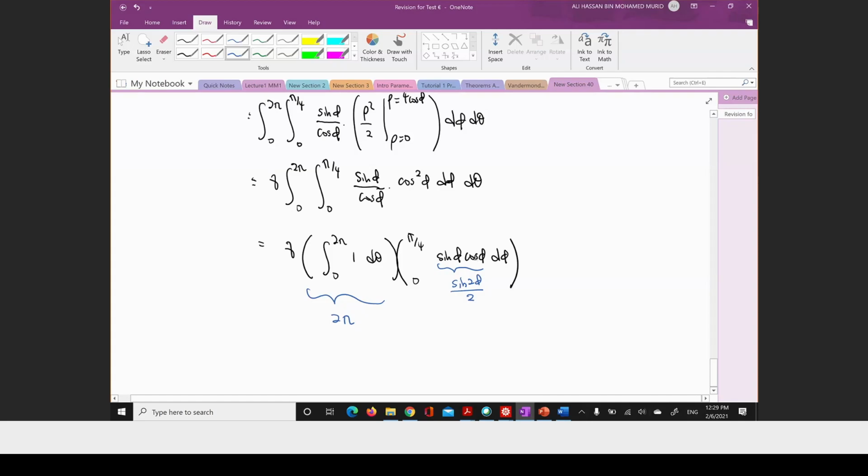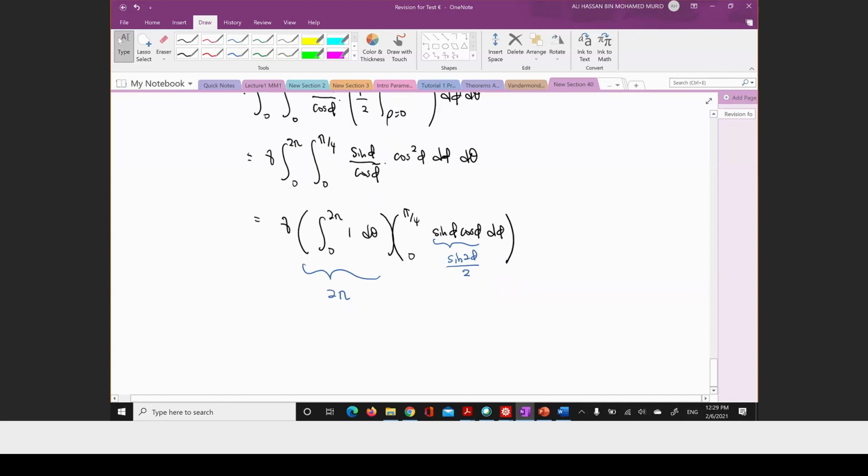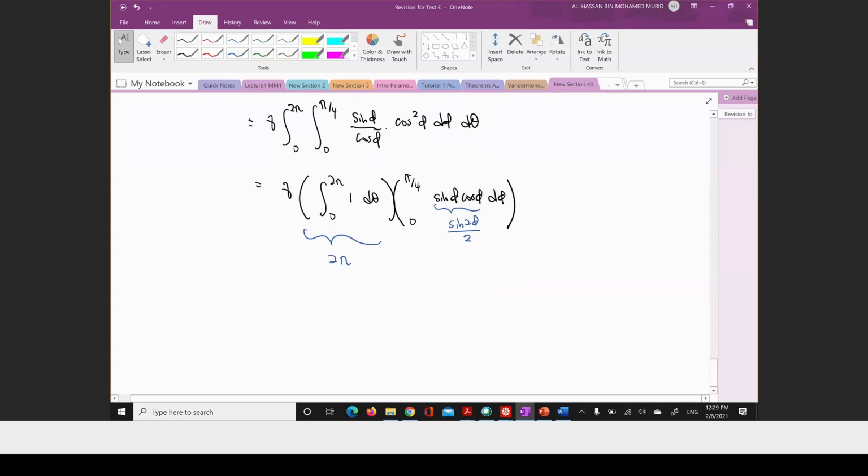So you can integrate sine 2 phi. So here we have 16 pi. We have 2 there as well, divided by 2. So that means this one is 8.